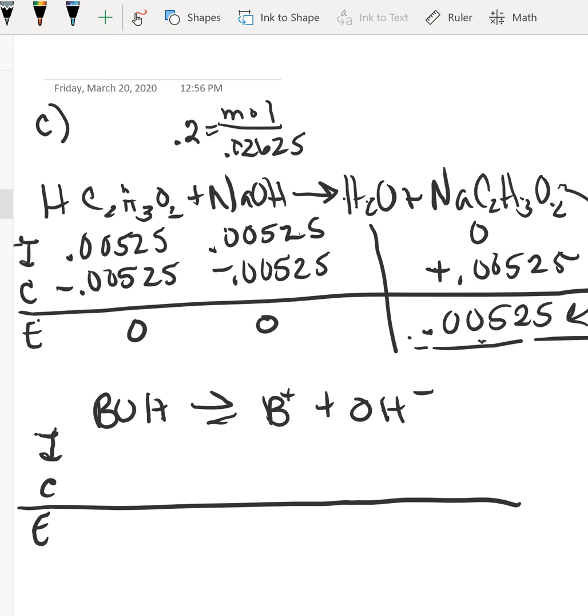So 35 milliliters plus the 26.25 is 61.25. So 0.06125 liters. So my molarity is 0.0857.